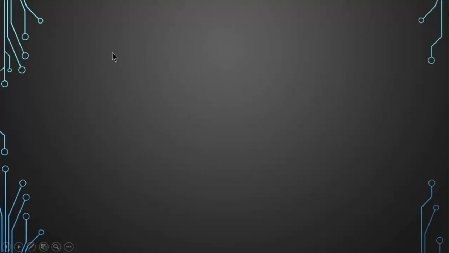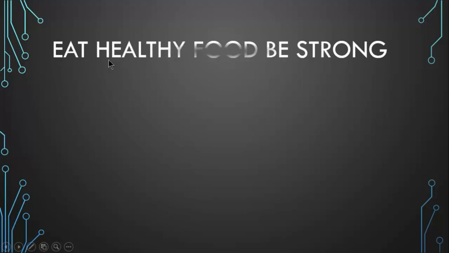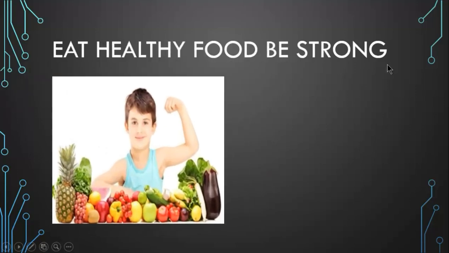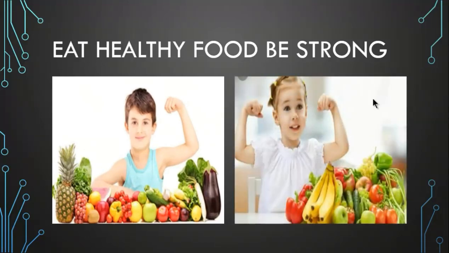EAT, eat. See, eat healthy food and be strong. Many of the students are not eating chapati and sabji, so they have to eat chapati, sabji, milk and be strong like these two. Okay, so today your homework is that all of you have to drink healthy milk.